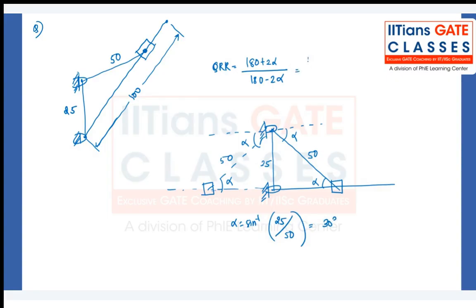So quick return ratio is (180 plus 60) divided by (180 minus 60), so it is 240 by 120, which is 2. So if it is taking 2 seconds for the cutting stroke, then the return stroke will be 1 second only. That is the actual meaning of it.